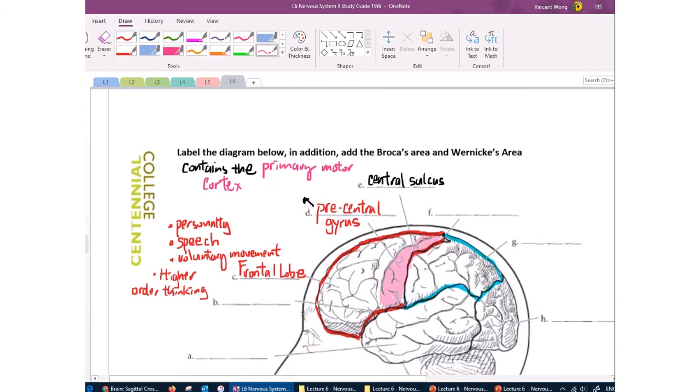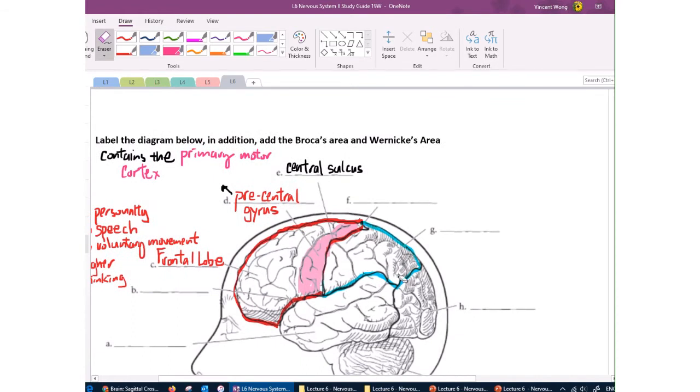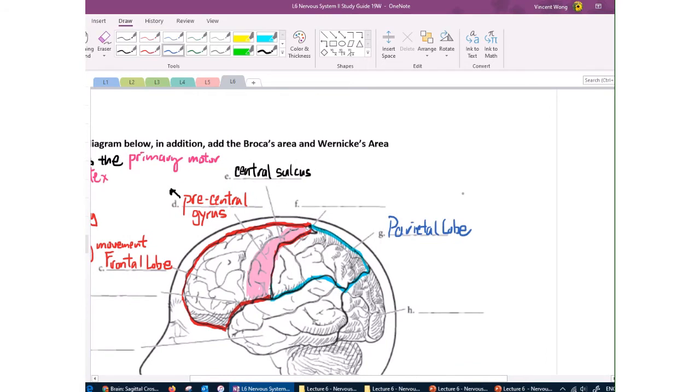Okay. At the back here, right behind the frontal lobe, we are going to have the parietal lobe. Okay, parietal lobe. That's what G is. Parietal lobe. Okay. So parietal lobe, the function is it will process sensation.